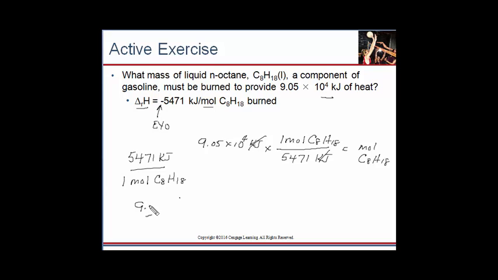We do it over here, 9.05 times 10 to the 4th kilojoules times 1 mole, and I need some information, the molar mass from the periodic table, which is 114.2 grams.